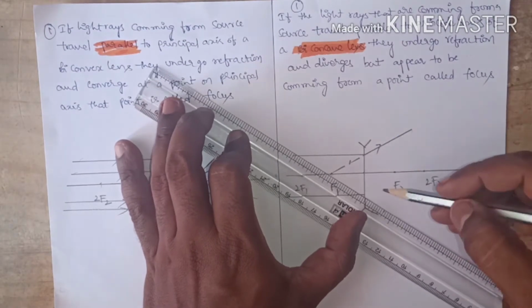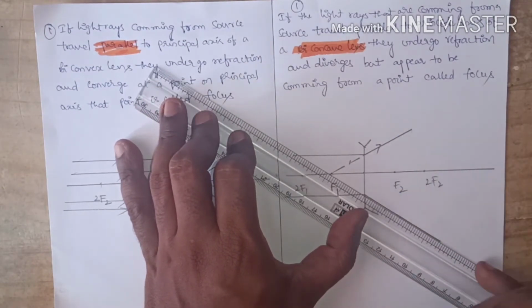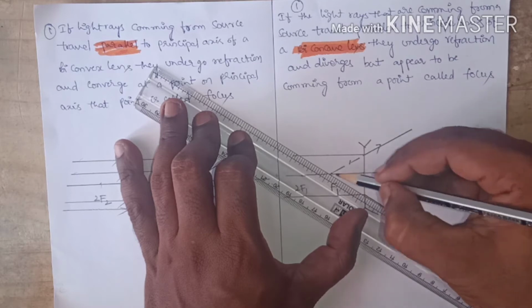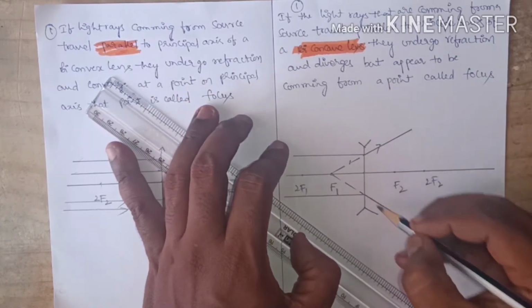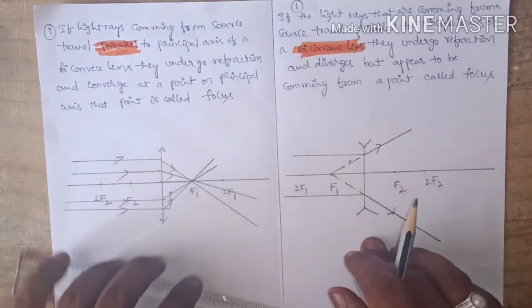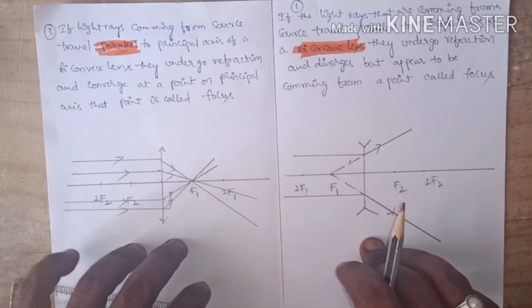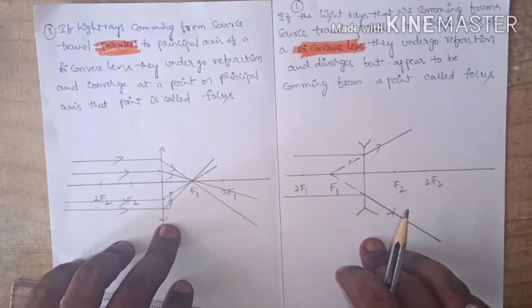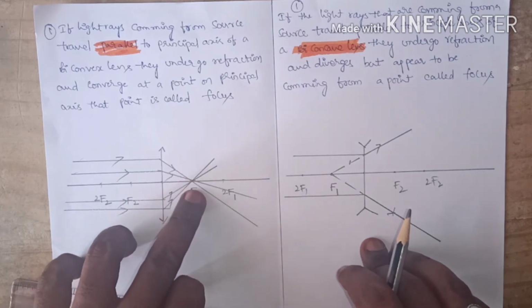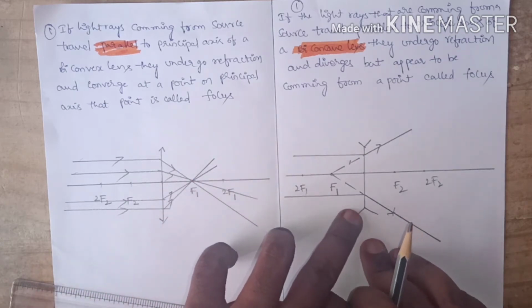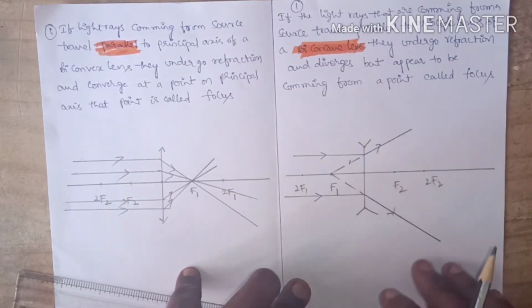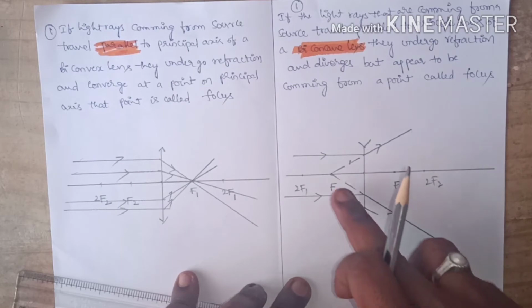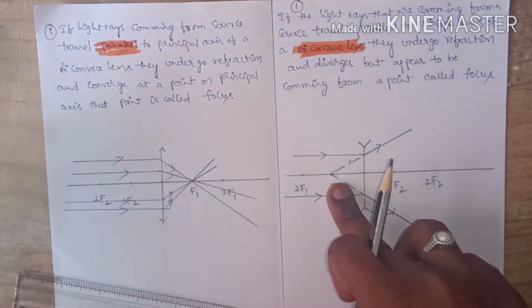Even this light ray also undergoes divergence, but appears to be coming from that point. That point is called focus. This means in the case of a biconvex lens, it is a real focus. In the case of a biconcave lens, it is an apparent focus, meaning the light rays appear to be diverged.